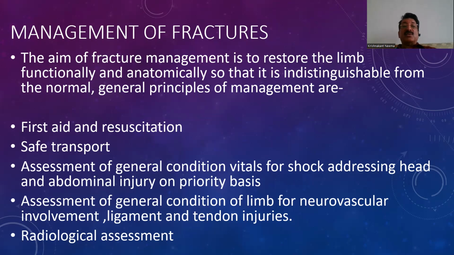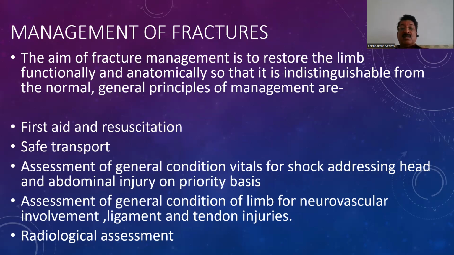Third is assessment of the general condition, vitals for shock, addressing head and abdominal injury on priority basis. General condition has to, you cannot be focused on a limb or a fracture. You have to treat the whole patient and you have to assess like a plain MBBS intern, the general condition of the fracture on a priority basis.